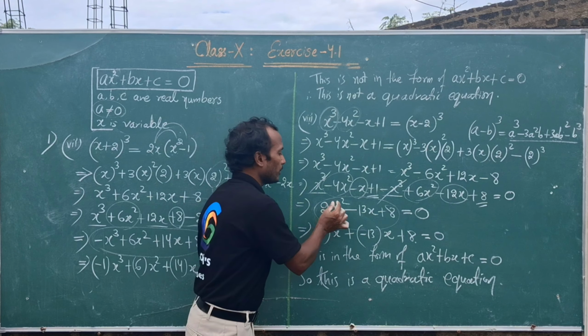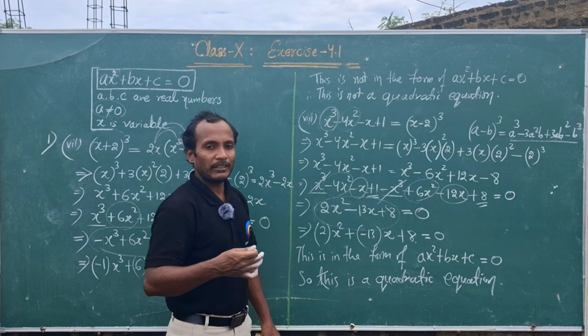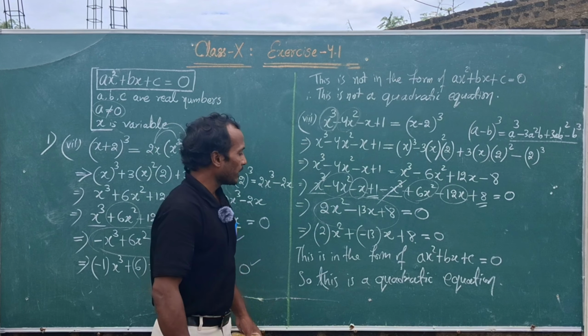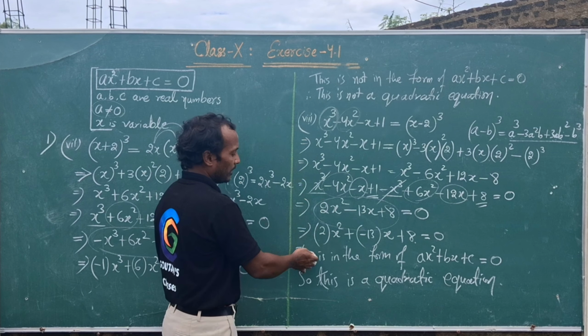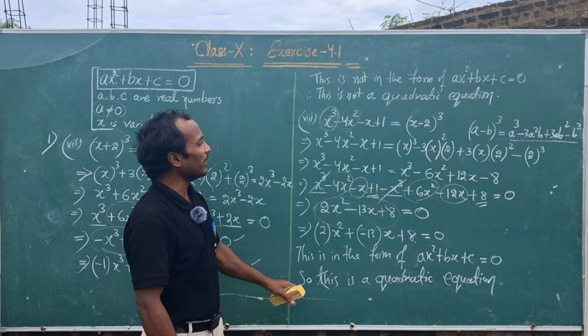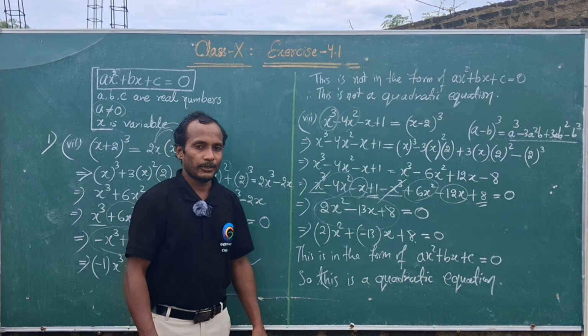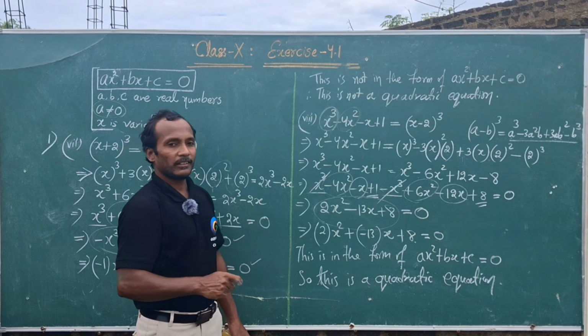The coefficient of the term with x square will not be 0. So they decided by thinking this is a quadratic equation. Okay. So this saves their time. Instead of solving step by step, which takes a little more time, they can think just for 10 to 20 seconds or 30 seconds, and they can decide that this is a quadratic equation. Okay. Let's move on to our next number in this particular exercise 4.1, number 2.